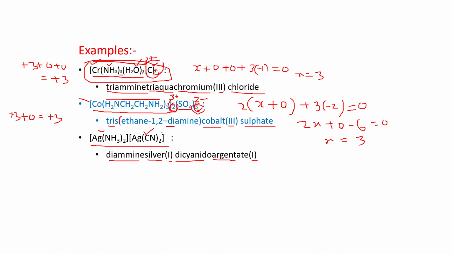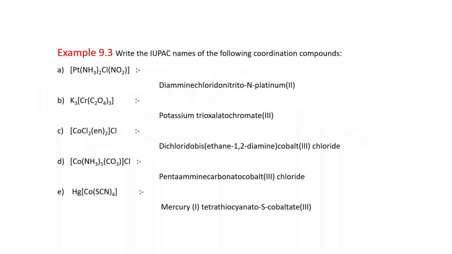In both coordination entities silver is present, but this silver is a part of the positively charged coordination entity, that's why it is written as silver. But this silver is a part of the negatively charged coordination entity, that's why this will end in "ate" and we use its Latin word argentum, that is argentate.